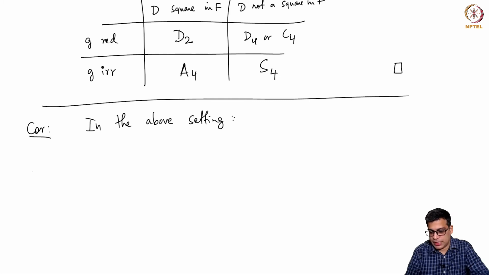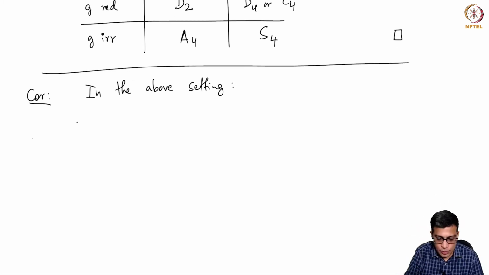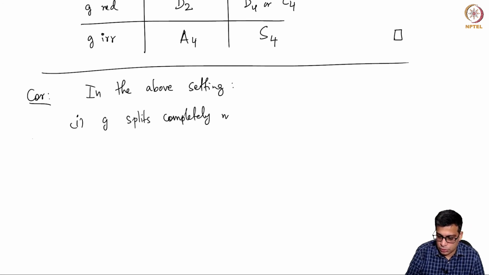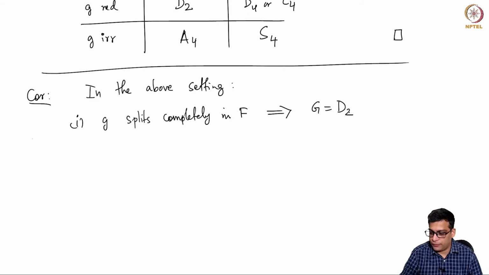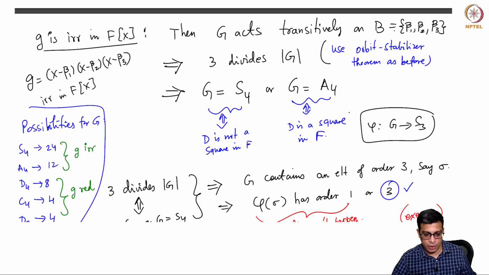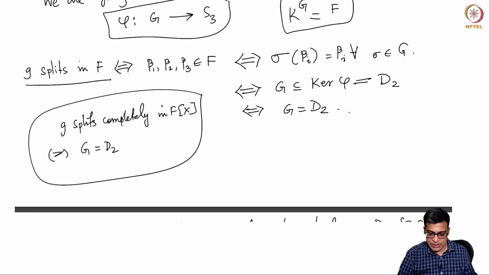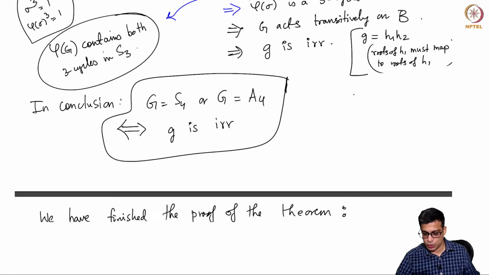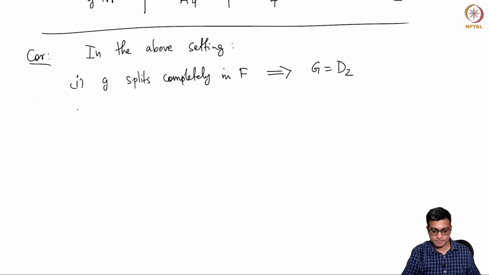So, in the above setting, same as above, g splits completely in capital F. This implies G is D2. In fact, you do not need to worry about whether the discriminant is a square or not, because if small g splits completely, we have shown G is D2. So, I wanted to write this here.